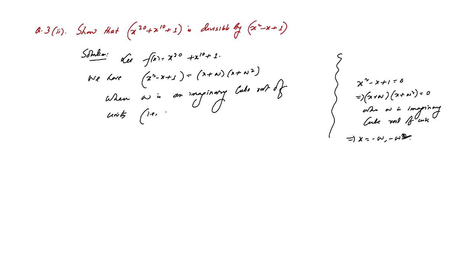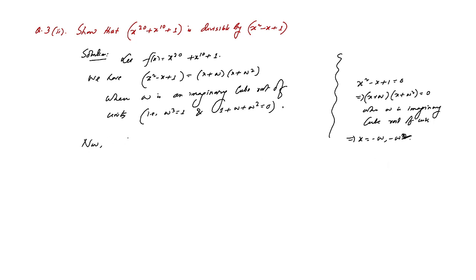What exactly does that mean? That is omega cube equals 1 and 1 plus omega plus omega square is 0. So that means here the roots are minus omega and minus omega square.